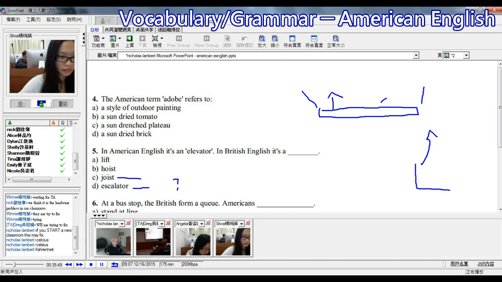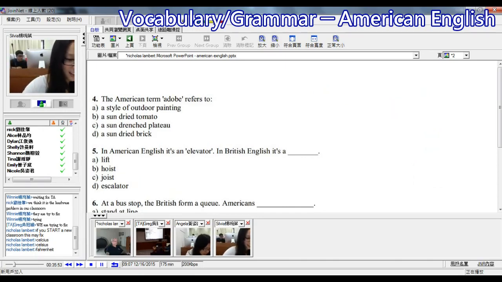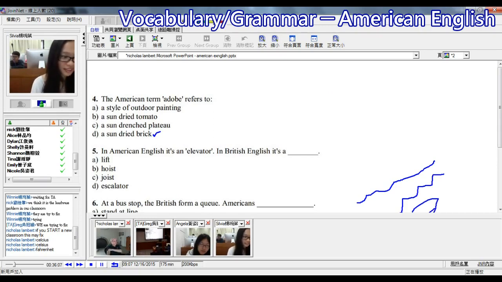And what's an escalator? Is a stair and it can move automatically. That's right. Moving stairs in a shopping centre. Sylvia, in a new shopping centre near where I live, they don't have steps anymore on the escalator.